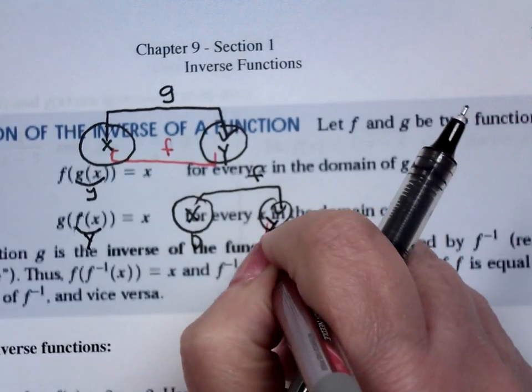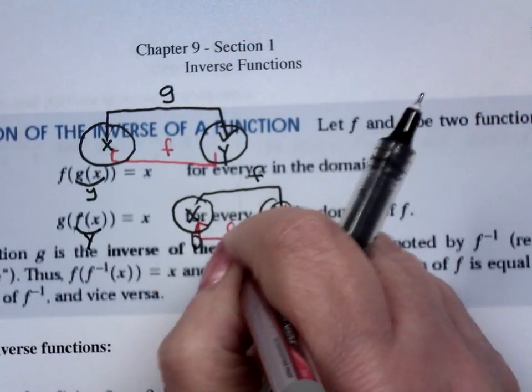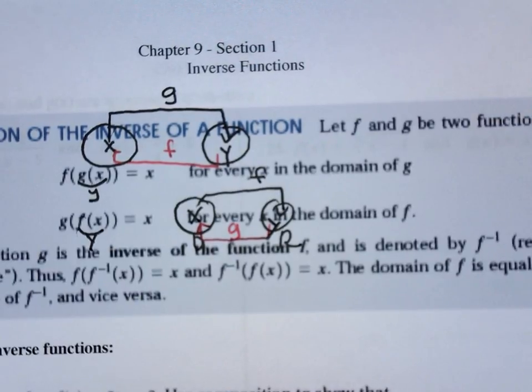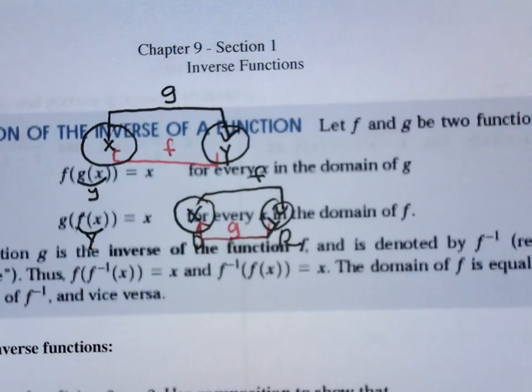Then g picks up that value and takes it back. What it does is it undoes what was done. That's your full circle. That's the purpose of the inverse. So we can tell the two functions are inverses of each other if f of g of x equals x.